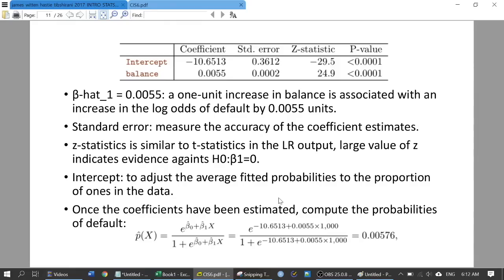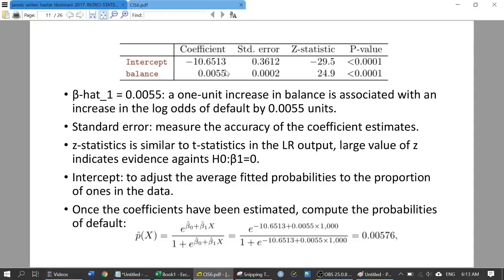So let's look at these results. This is the result for a logistic regression with only one predictor, balance. Here 0.0055 is the coefficient, and we have the intercept value here. The estimated coefficient for balance, or beta hat 1, is 0.0055.